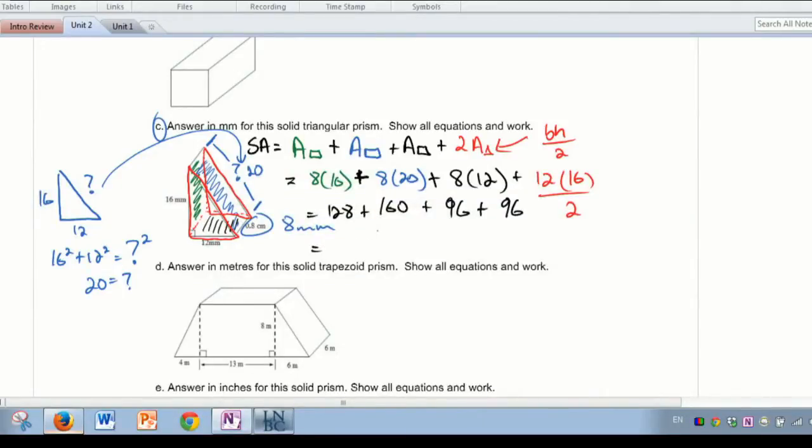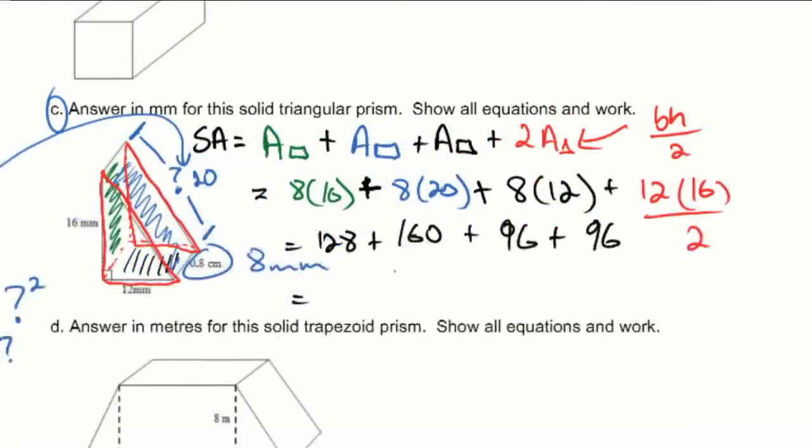So 128 plus 160 plus 96 plus 96 gives me 480 millimeters squared. Oh, and I forgot the 2 times this. I didn't carry my 2 down from above here. So scratch that. Forgot my 2 times my 96, and this is all times 2.